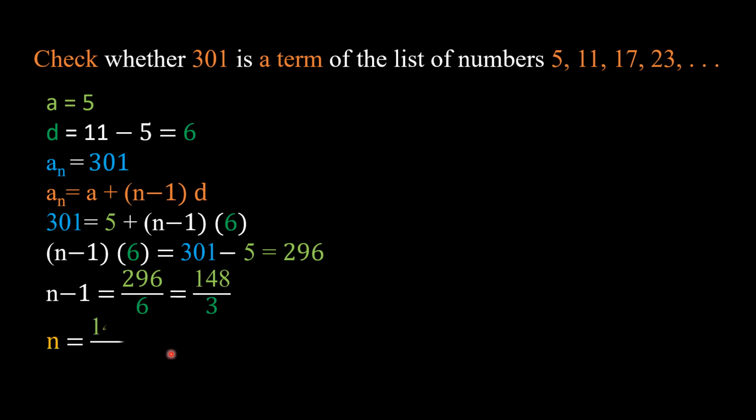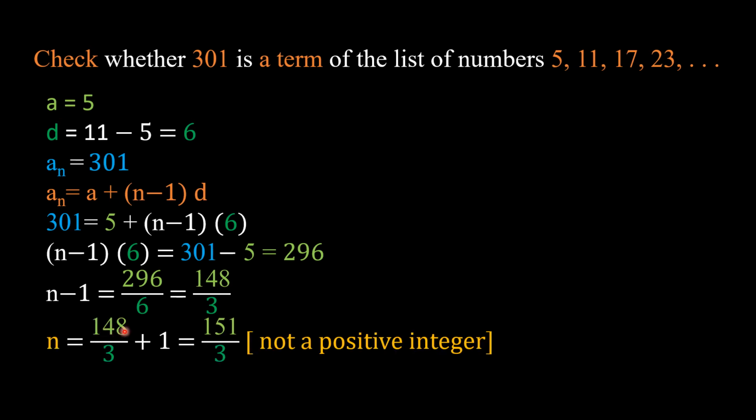So n will be 148 divided by 3 plus 1, which will be 148 plus 3 ones are 3, that is 151 divided by 3.